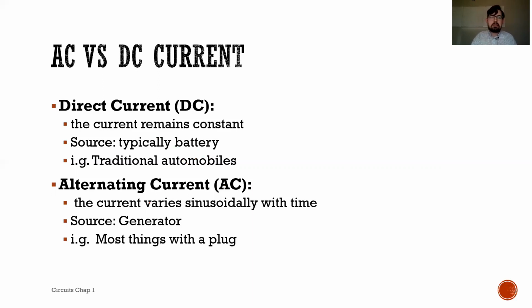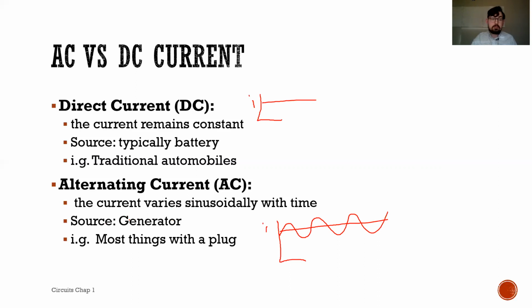AC means, hey, we actually have current that is going to vary sinusoidally with time. What does that mean? It's going to look like a sine or cosine, right? And this might be our scale here. This might be our current. Versus direct current, which is going to be a constant. Current is just some constant over time.